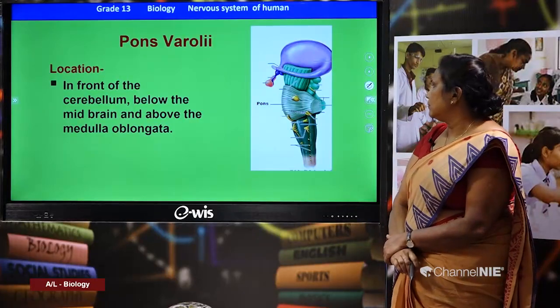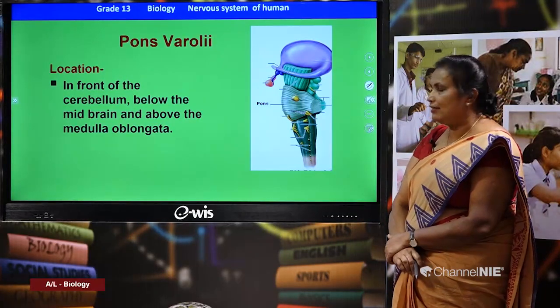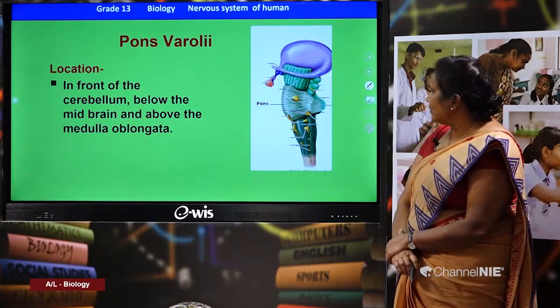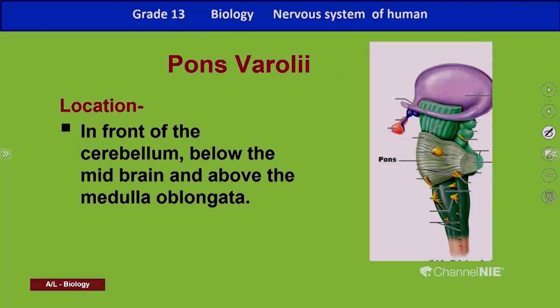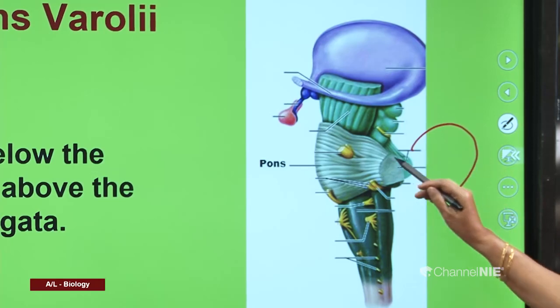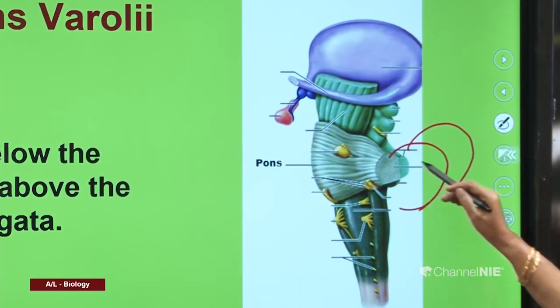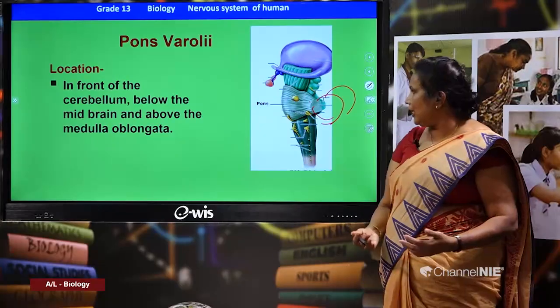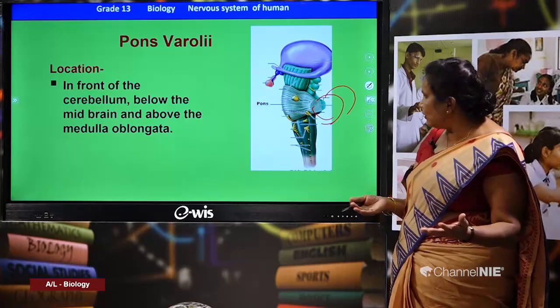Pons varoli. You can see here, this area contains a large number of nerve fibers. Behind the pons is this region, which is called the cerebellum, understood. So, when we are explaining the location, what should we explain?